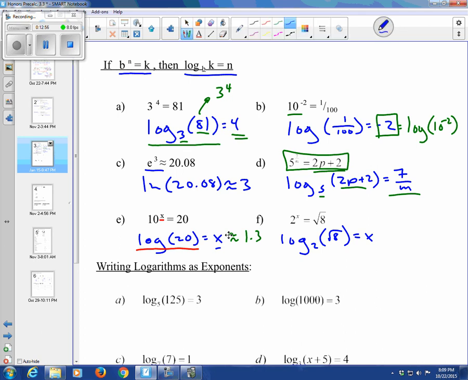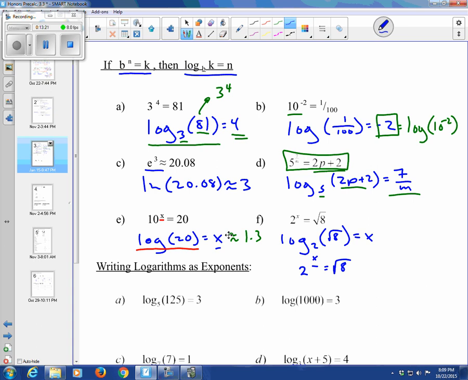This one is a little bit more interesting. Right here we've got 2 to the x equals the square root of 8. What we're asking ourselves is, what do I have to raise 2 to in order to get the square root of 8? If I could represent a base of 2 on both sides, I would have what that x value would be.